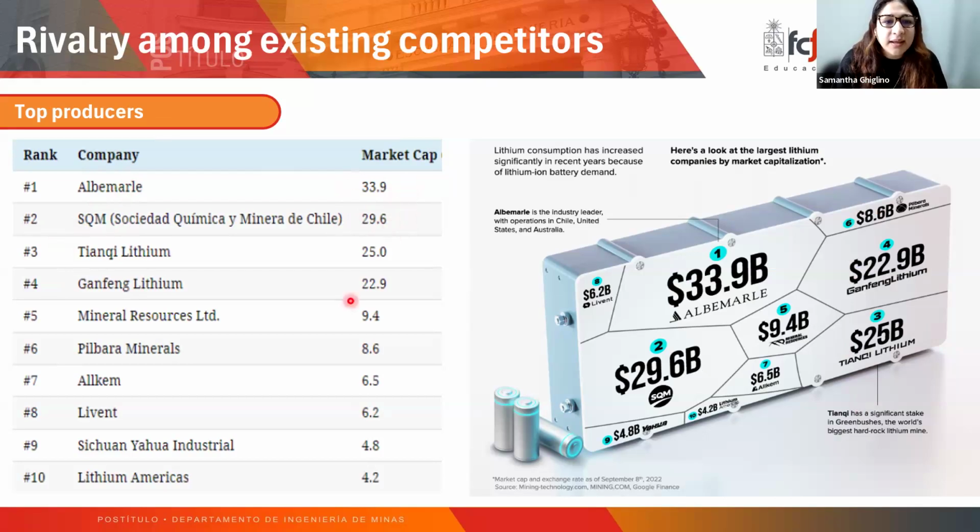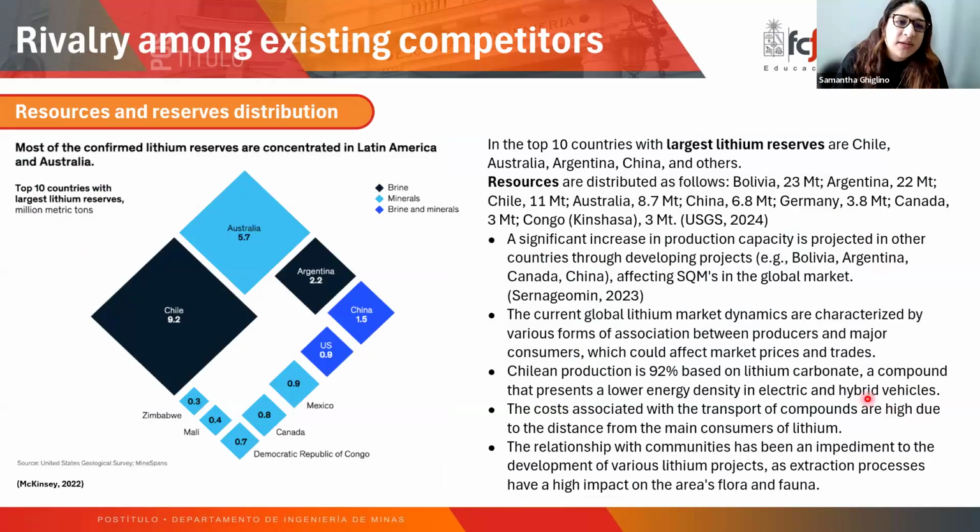As we can see, the top 4 or 5 producers concentrate most of the production, and the rest of them are not even a third of what the first ones produce. So to put it more graphically, SQM has a big portion of the cake, so to speak.